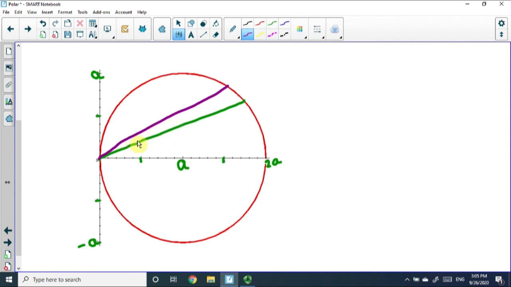Now those two lines have a small angle between them. Let's consider this small angle to be infinitesimally small, and let's call it d theta. That's the small angle between the two lines.